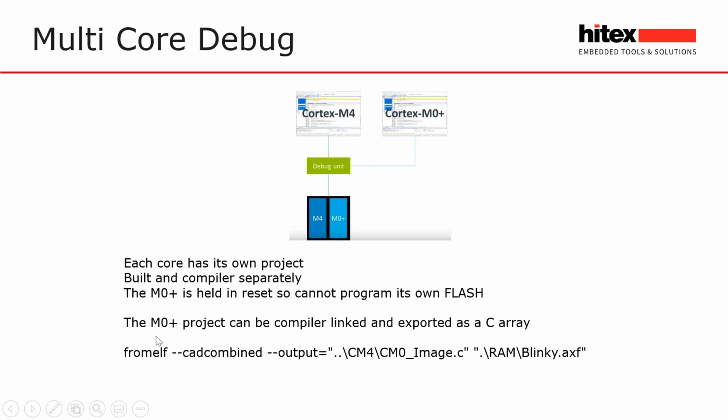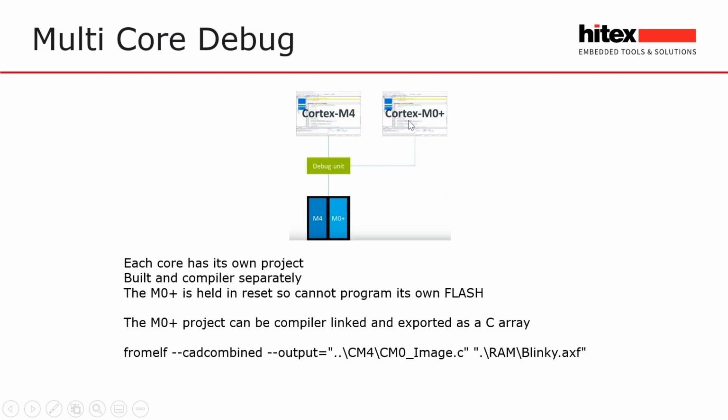Within the M0 project, when we build and link the code, there is a utility which is normally used to create a hex file, but here we can use it with a switch called --cad combined, and we can create a C image file. Inside is a C array which has all the bytecode for our M0 executable code.